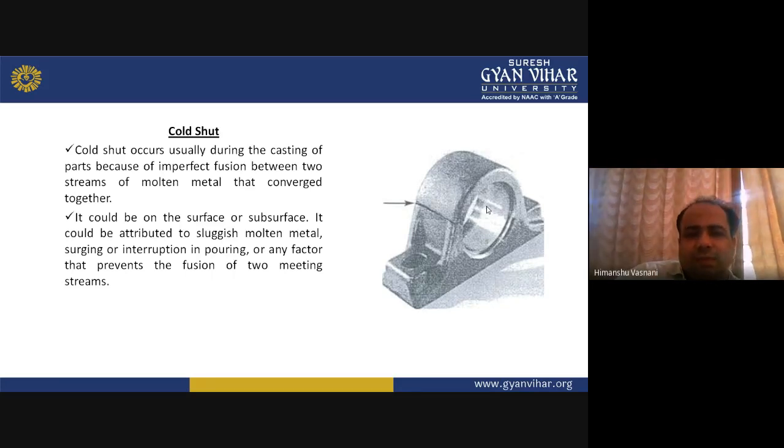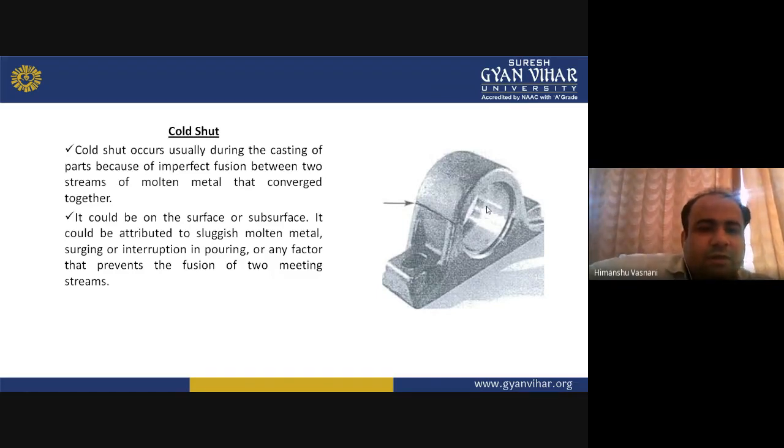If there is some imperfect fusion at that time, then on the surface of the cast material you can see a cold shut. It can be an interrupted casting, and you can easily see that there is a difference between both the materials. That is cold shut: imperfect fusion between two streams of molten metal.